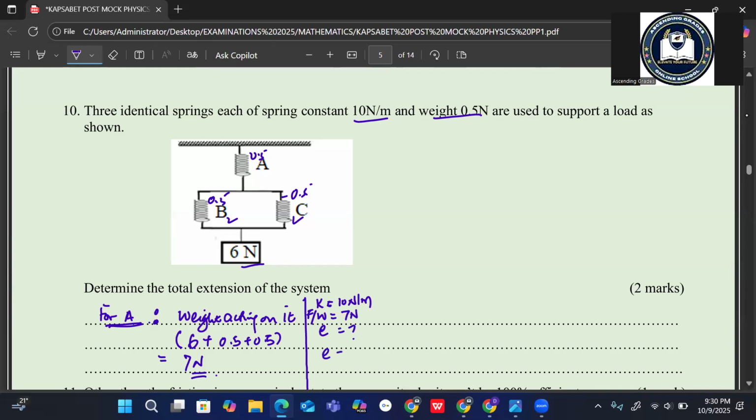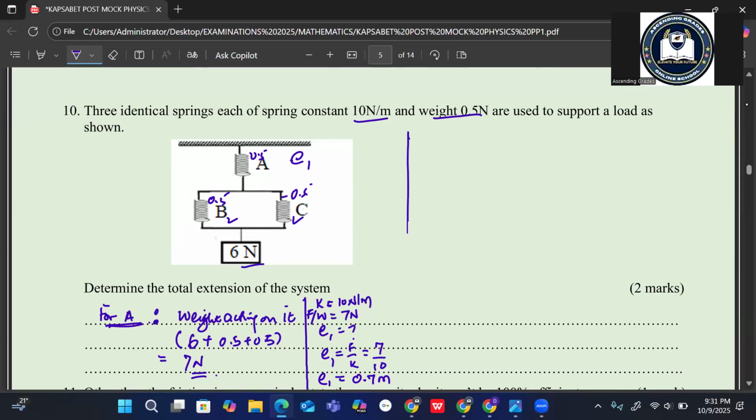We know that the extension is given by force over K. So this is 7 divided by 10, and you arrive at 0.7 meters. You can call this one E1. E1 is equal to 0.7 meters.